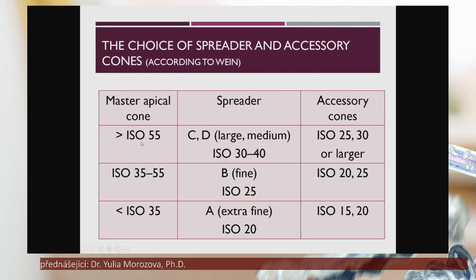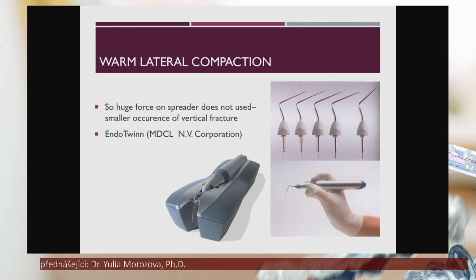They are used in the case of a master apical cone larger than ISO 55. B fine is used in the case of 35 up to 55 ISO size, and A extra fine is used if the ISO size of the master apical cone is less than 35. And as I said, we can also use ISO sizes like we can see on this table.